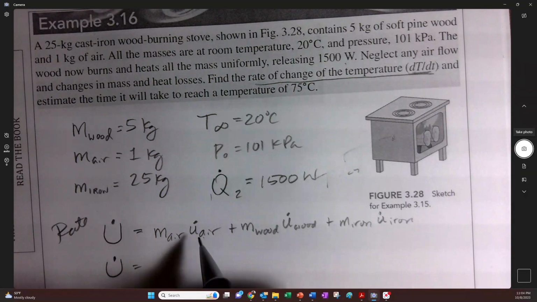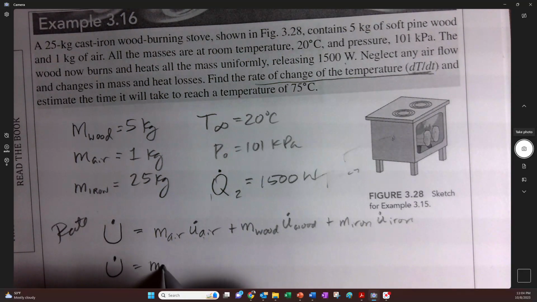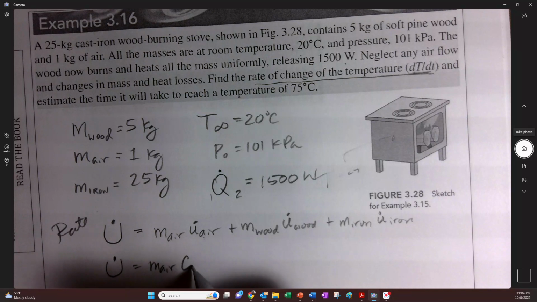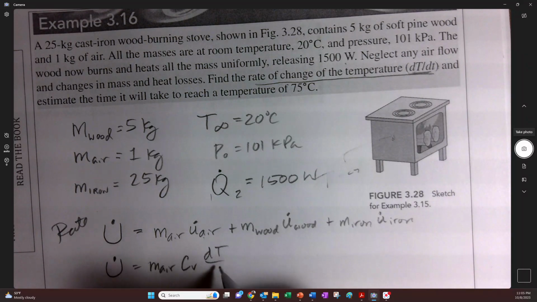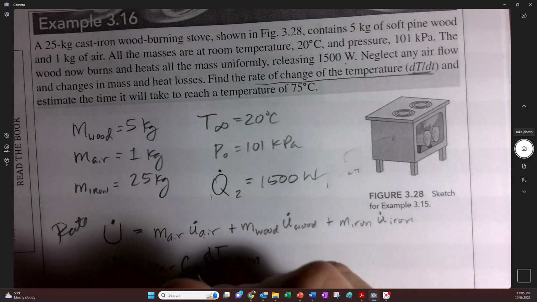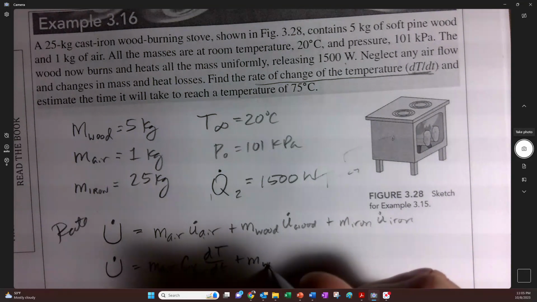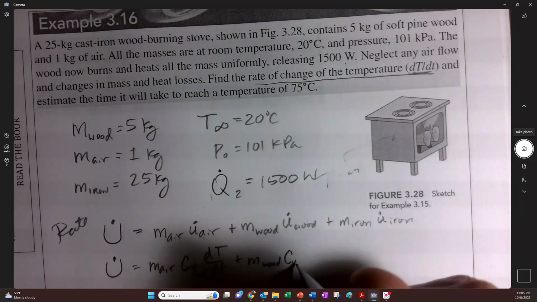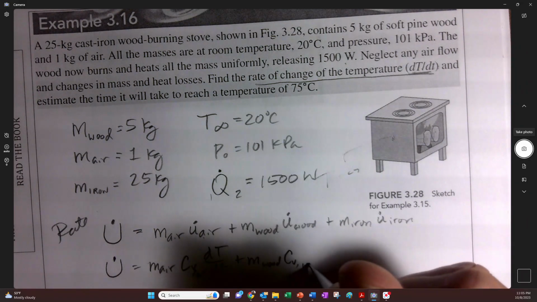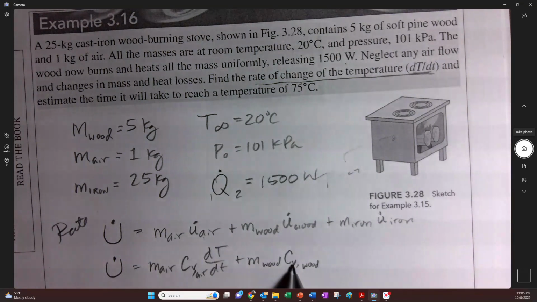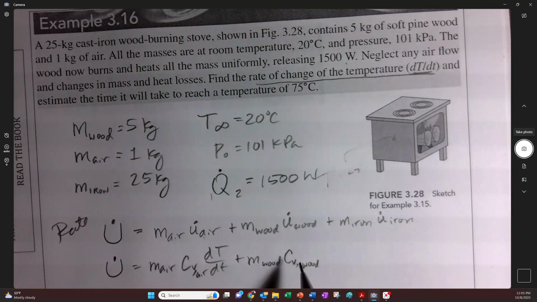So what you're really looking at here is that each of these we can replace with the Cv dT/dt, and this is going to be of air, and this is going to be of wood. But by the way, wood doesn't change volume much, so we usually don't put that V in there.